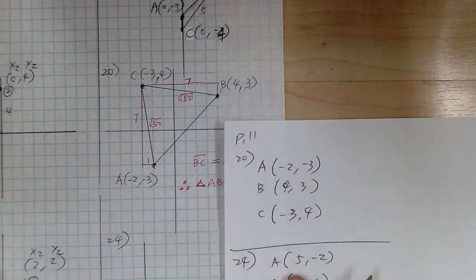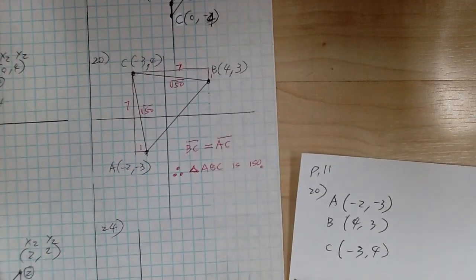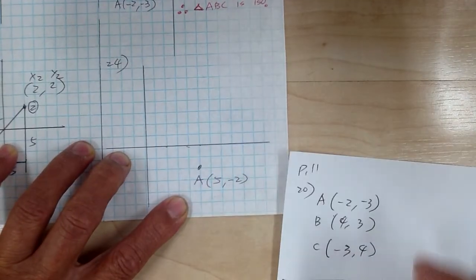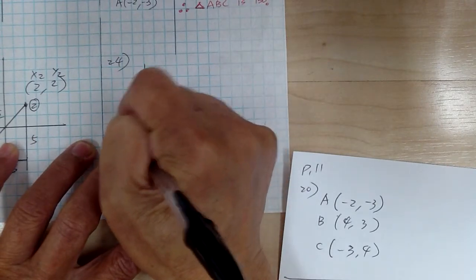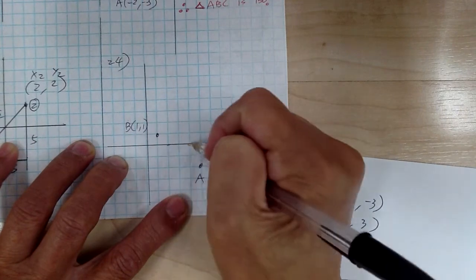Okay, first point is 5, -2. Second point is 1, 1. Third point is 7, 9.